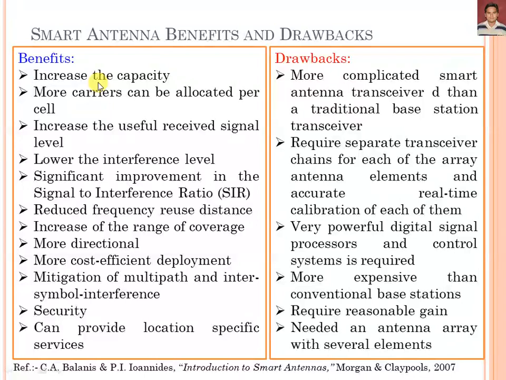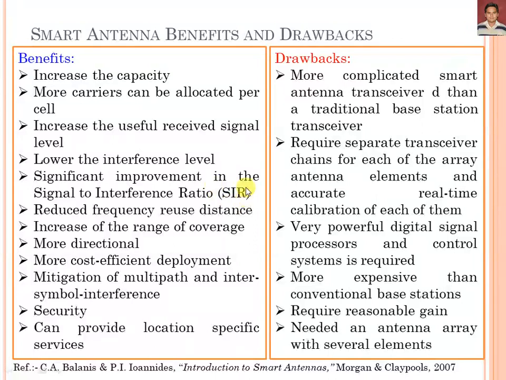So during the analysis of a smart antenna, there are some benefits and there are some drawbacks. The benefits are that smart antenna systems increase the capacity of the systems, we can allocate more carriers per cell, increase the useful received signal level, lower the interfering level, and give significant improvements in the signal to interference ratio.